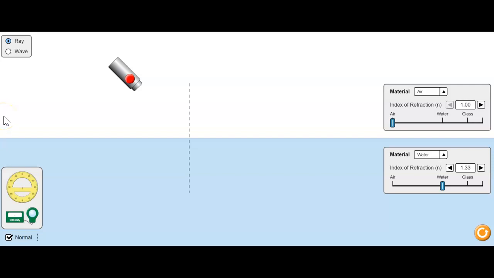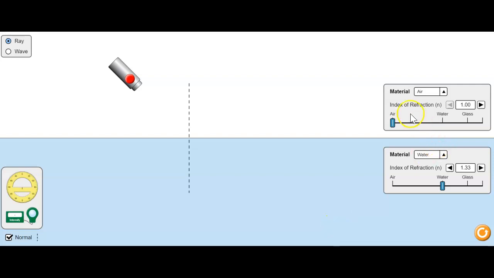So I wanted to begin today's lesson by going back to the simulation that you saw yesterday and pointing out a couple of details that you may have missed. Now I'm going to shift over to the right hand side here, where I've got the material as air in the top space and the material being water in the bottom space.